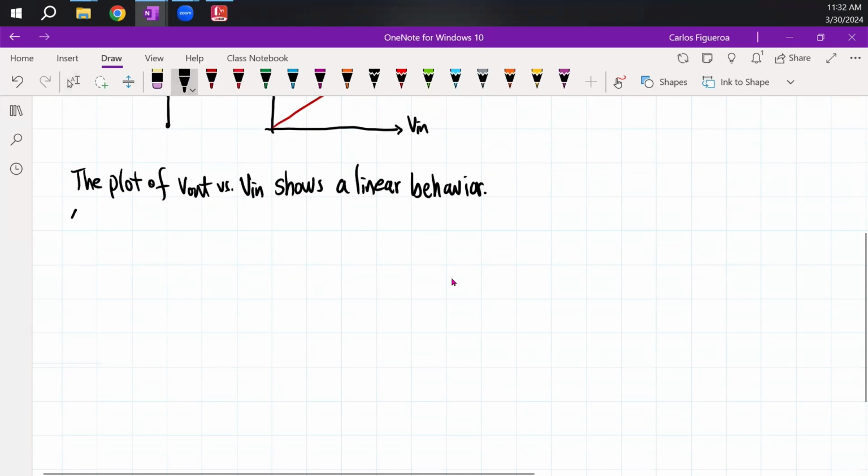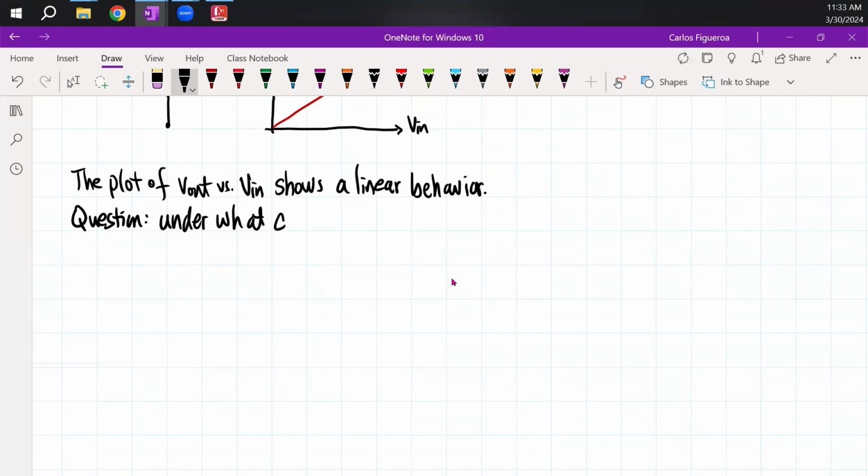So then it begs the question, under what conditions does the op-amp behave linear?